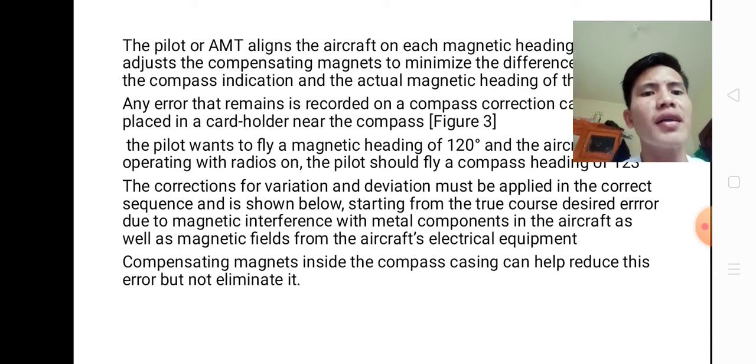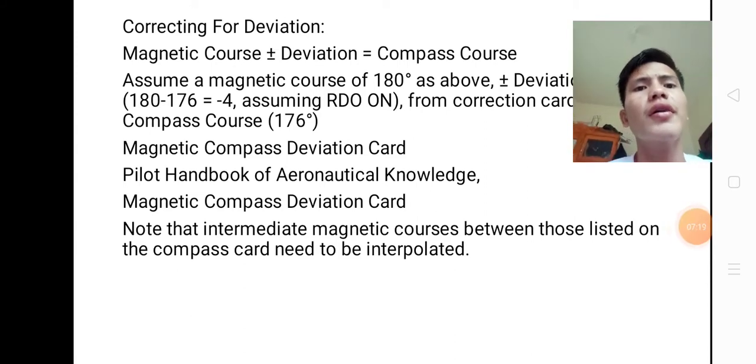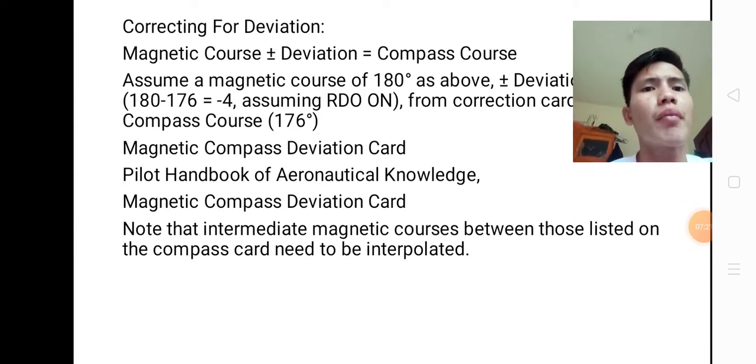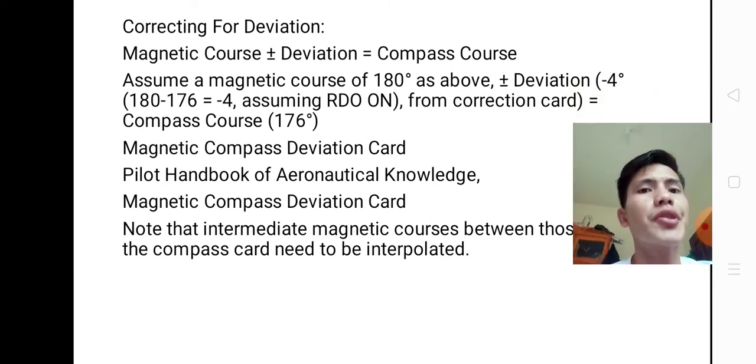Compensating magnets inside the compass can help reduce this error but not eliminate it. Then, after correcting for variation, magnetic course plus negative sign deviation equals compass course.